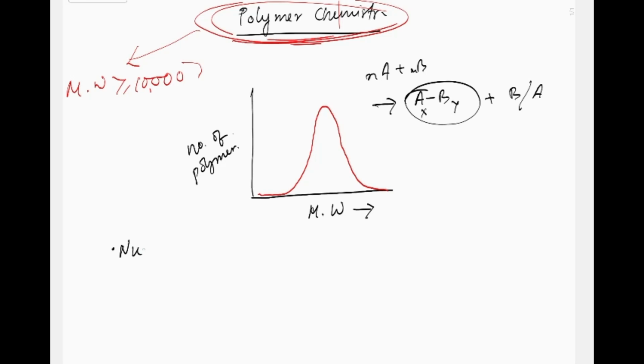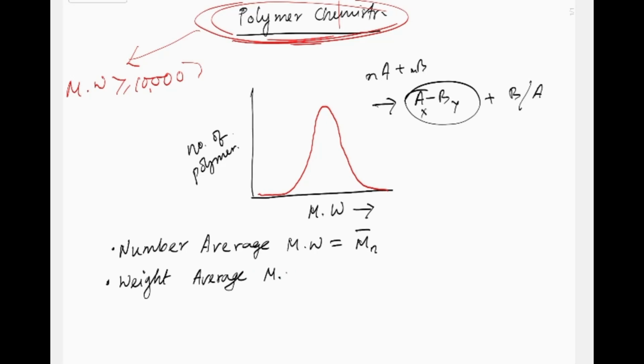One is number average molecular weight, termed as Mn. Another is weight average molecular weight, that is Mw.